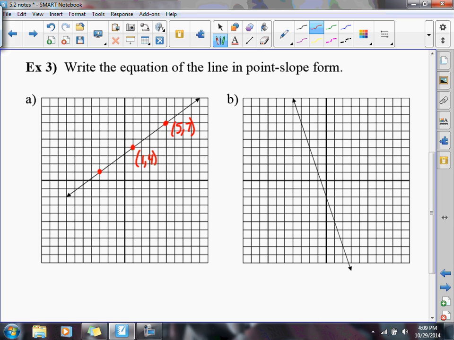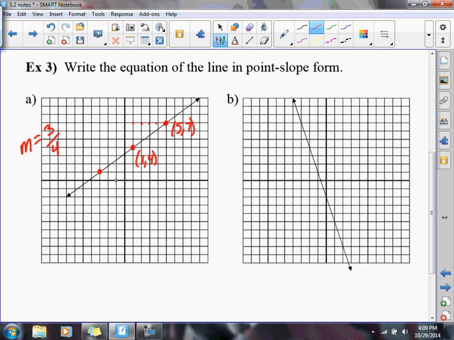Okay. Now, I need a point and I need the slope. So I can use either of these points in my equation, and I need my slope, so I have to count. I'm going to go up 1, 2, 3, and over 1, 2, 3, 4. So my slope is going to be 3 over 4.